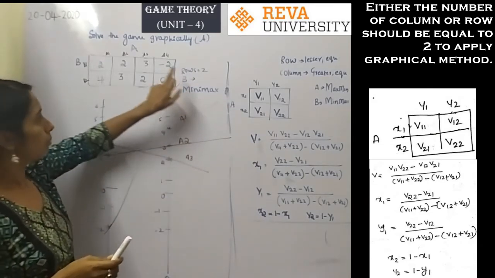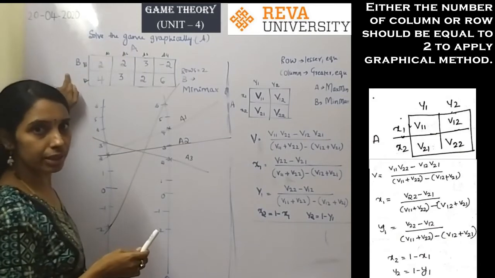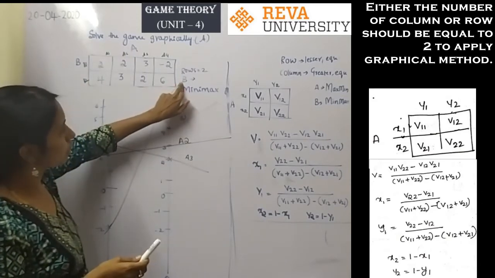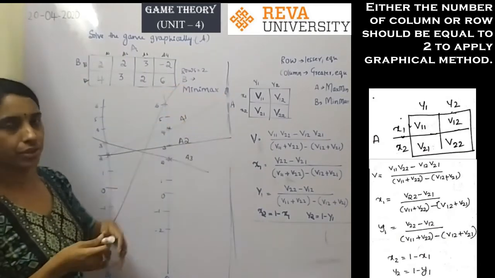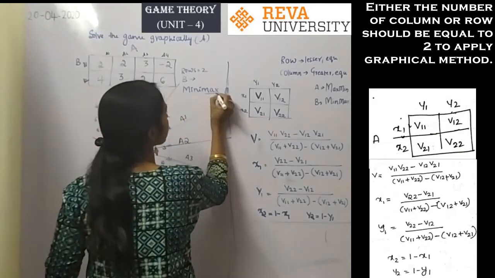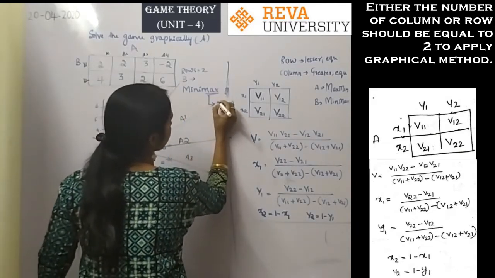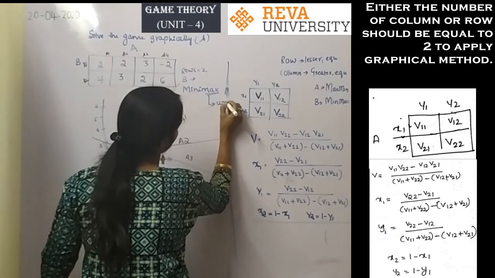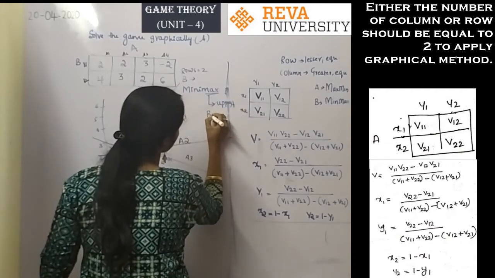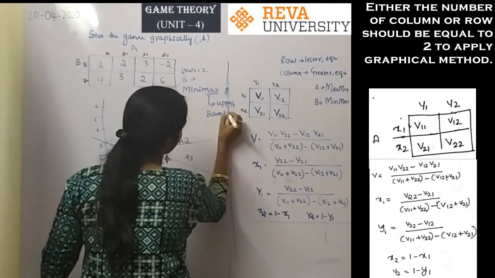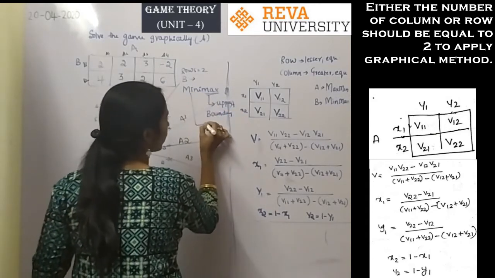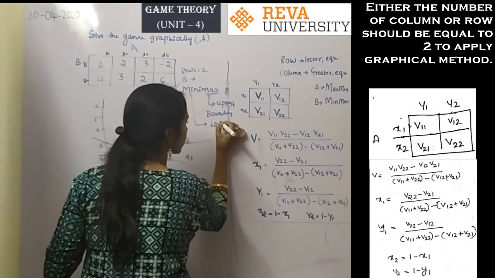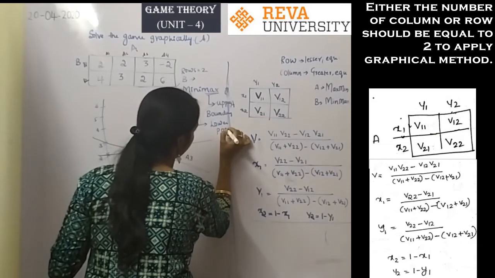Now, how will you find out the line? What is the reference line? The reference line is B. What is the strategy used by B? Minimax function. Max indicates use the upper boundary, and min indicates use the lower point.